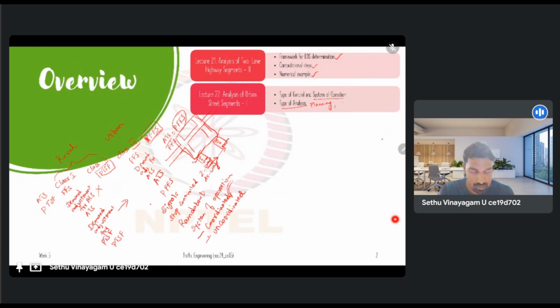So one is for planning purpose, another is for design purpose, and third is for operational purpose, right? This is the order in terms of the level of detail that is involved, right? So planning is what you do first, right? This is basically to come up with a feasibility report, right?